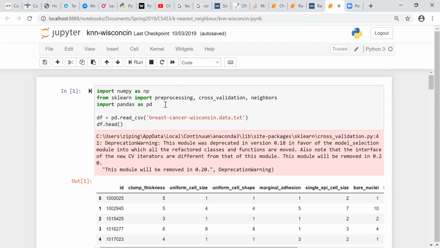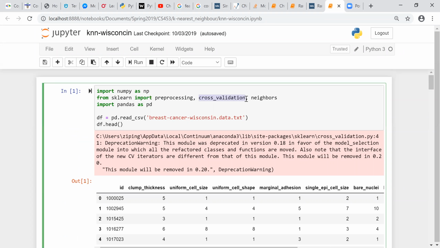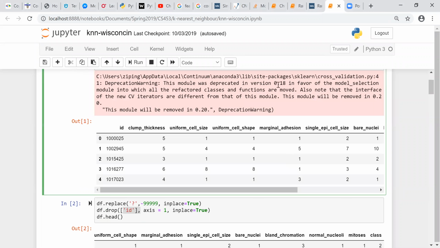In order to do that, you can import cross validation and then go ahead and use it. So this is the general idea about KNN and some other side topics like cross validation.